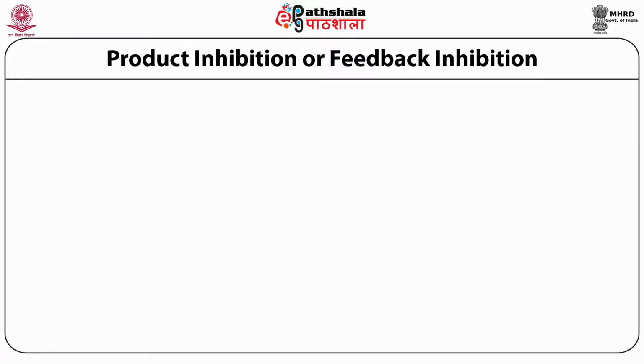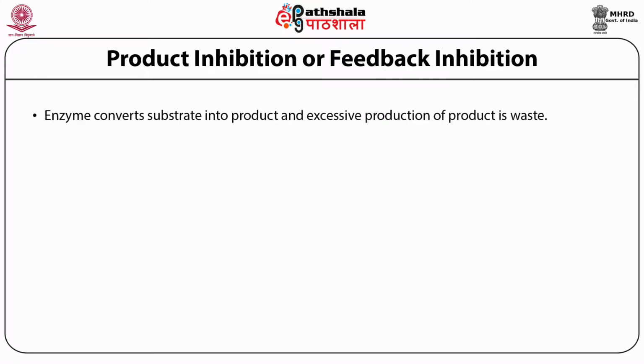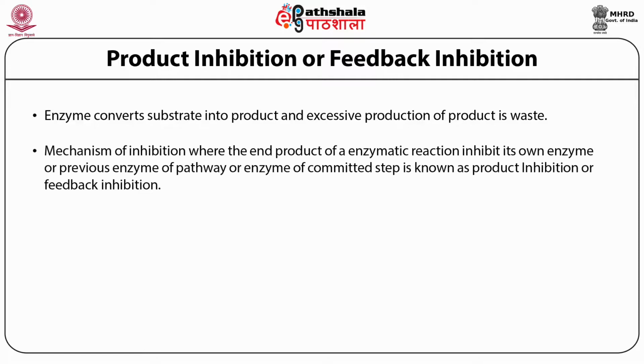Feedback inhibition is the name given to inhibition where the product itself inhibits its own formation. This is important when we are talking about biological reactions where a substrate is converted into the product and the product is utilized in the next cycle. So if you have excessive product remaining in the biological system, then you don't require that particular product to be formed.